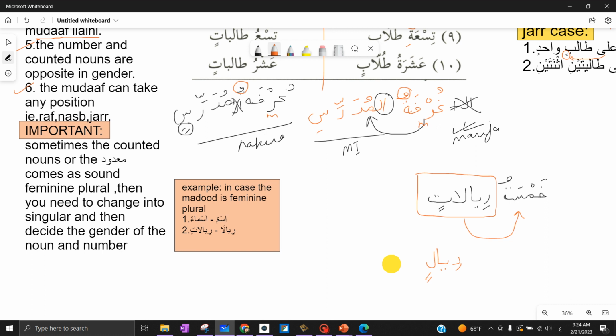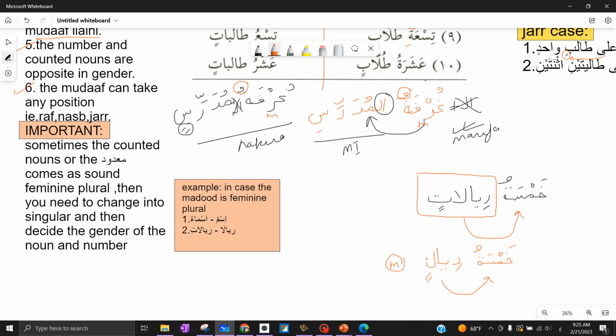No, it is male. So we decide by changing it into singular and seeing the gender. If this is male, then the number should be feminine. What will you put here? Khamsatu.